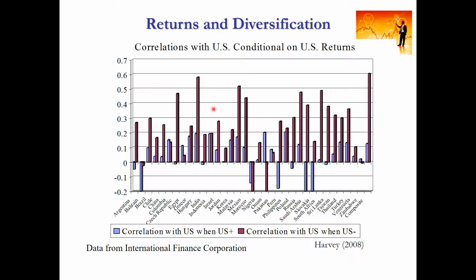Once again, we can see that in general these maroon bars are longer, indicating that when the US market is in crisis, the correlation increases. Correlation increases means the markets become more integrated and the diversification benefit reduces. So although we go for diversification by including global stocks in our portfolio, we get less diversification benefit when the markets are in crisis.